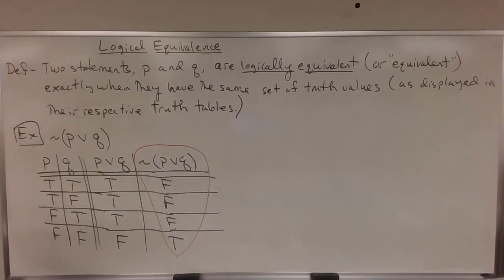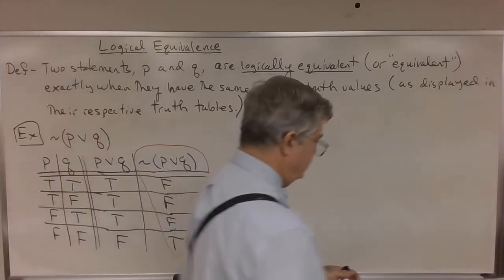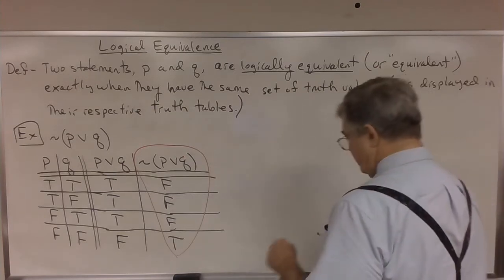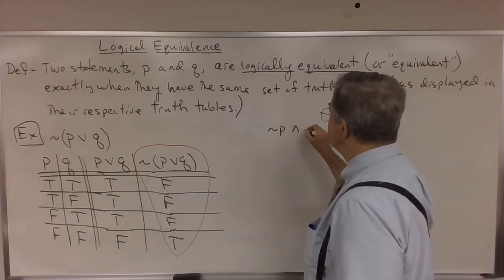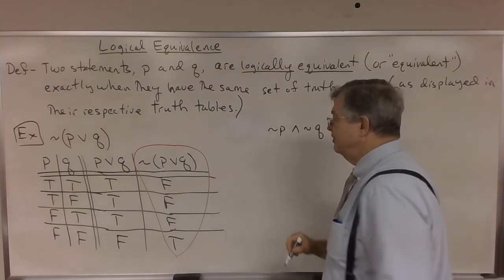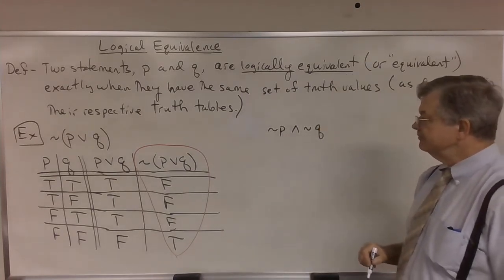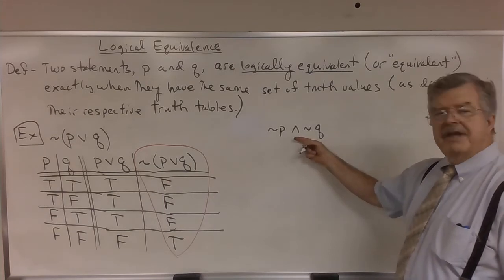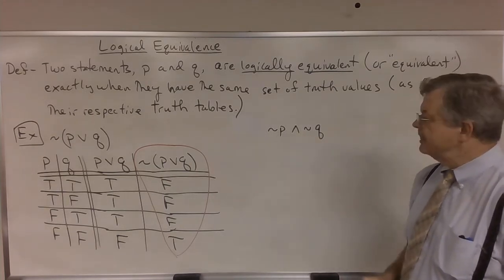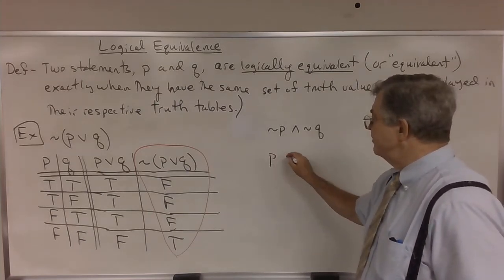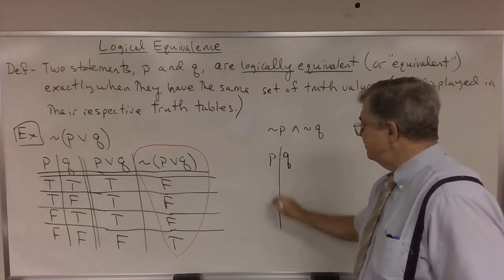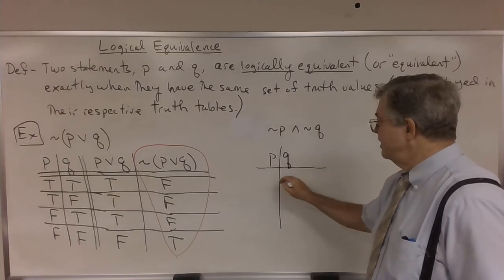Now let's consider another statement. Let's consider the statement not P and not Q. We'll do a truth table for this statement also. So the first thing we have to do is set the truth table up.